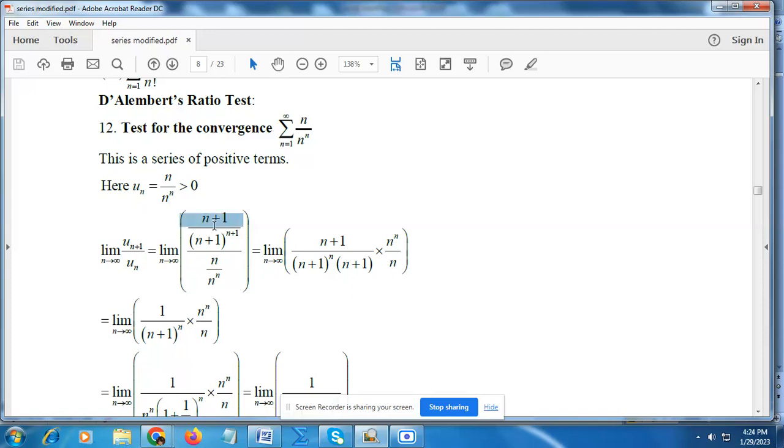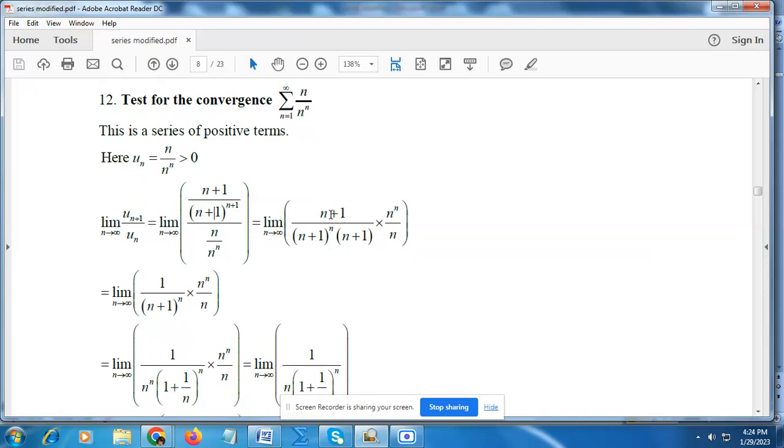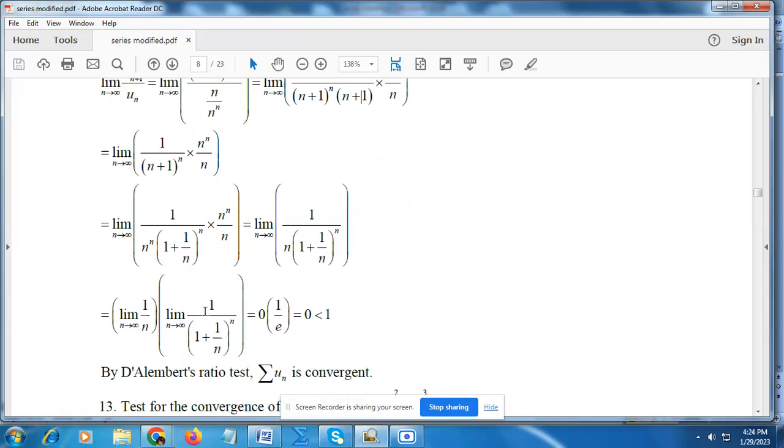This is un plus 1 by un. Un is n by n power n. So take the reciprocal and simplify. n plus 1 and n plus 1 get cancelled. We have n power n by n plus 1 whole power n.